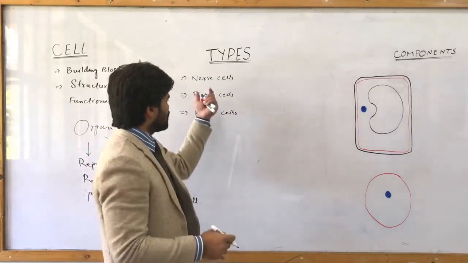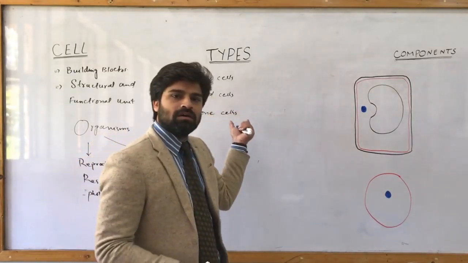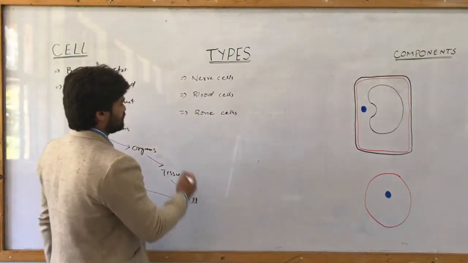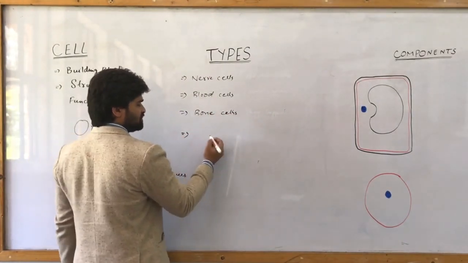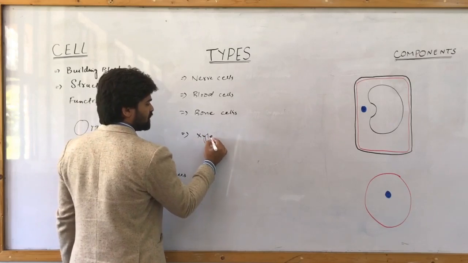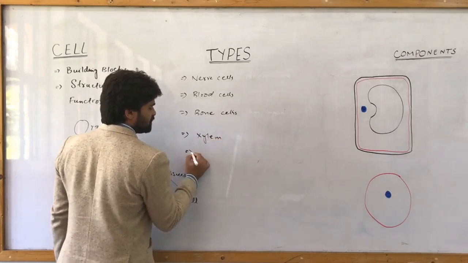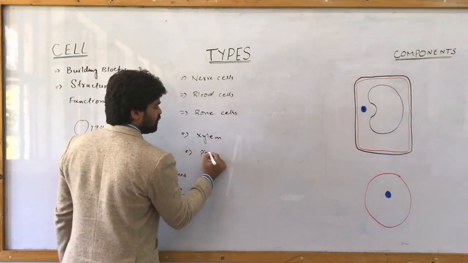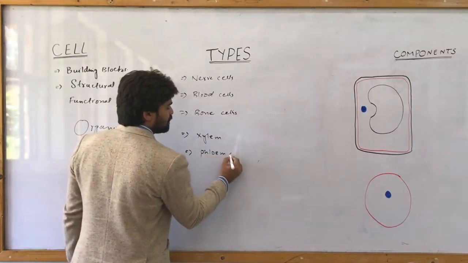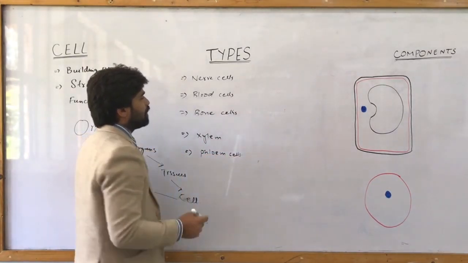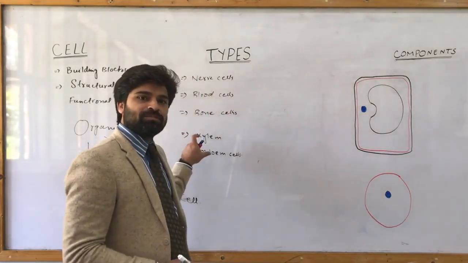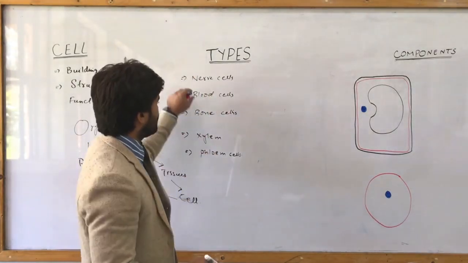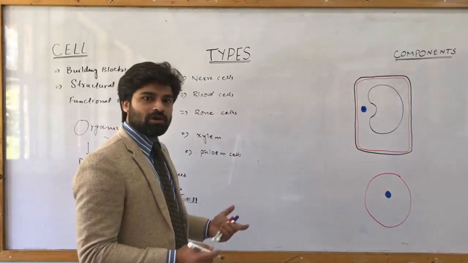These are present mainly in animals. And as far as plants are concerned, their cells are xylem cells and phloem cells. These are different types of cells present within an organism, and they perform different functions accordingly.